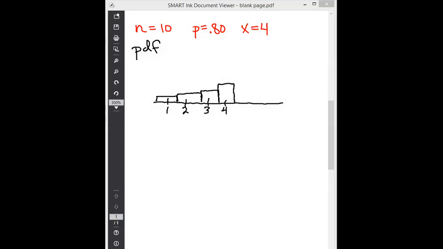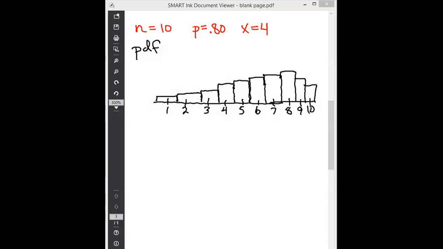This is not drawn to scale per se, but it'll help if you can visualize what's going on. Sort of a sloppy drawing, but it'll give you the idea.